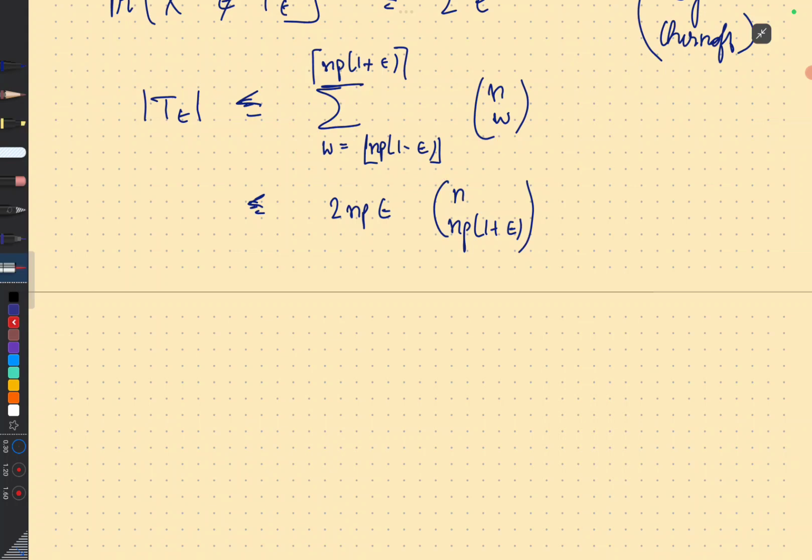It's n by 2, but among these quantities, it's the largest there. It is actually increasing from 0 to n by 2 and then decreases from n by 2 to n. Because p is less than half, the upper bound is less than half.